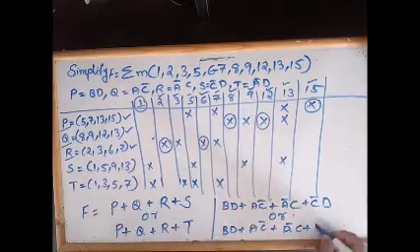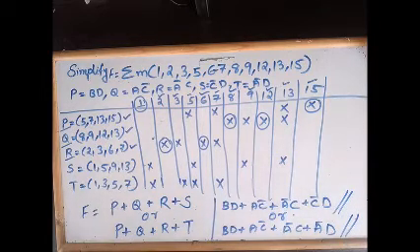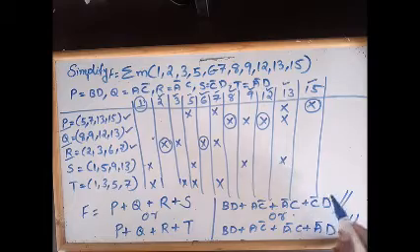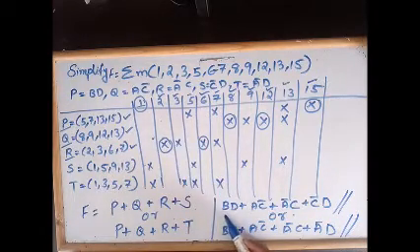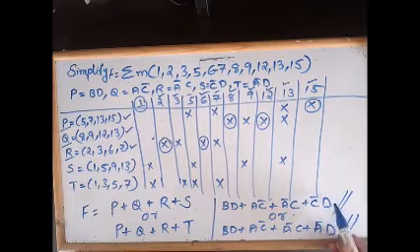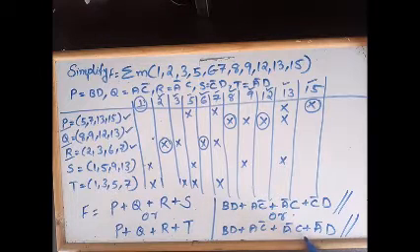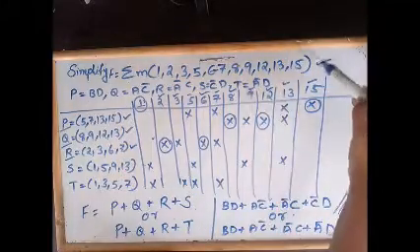T is A bar D. So both of these are possible answers. These are the two possibilities. Either the simplified form can be written as BD plus AC bar plus A bar C plus C bar D, or we can consider BD plus AC bar plus A bar C plus A bar D. Both are correct answers for the simplified expression for the function F.